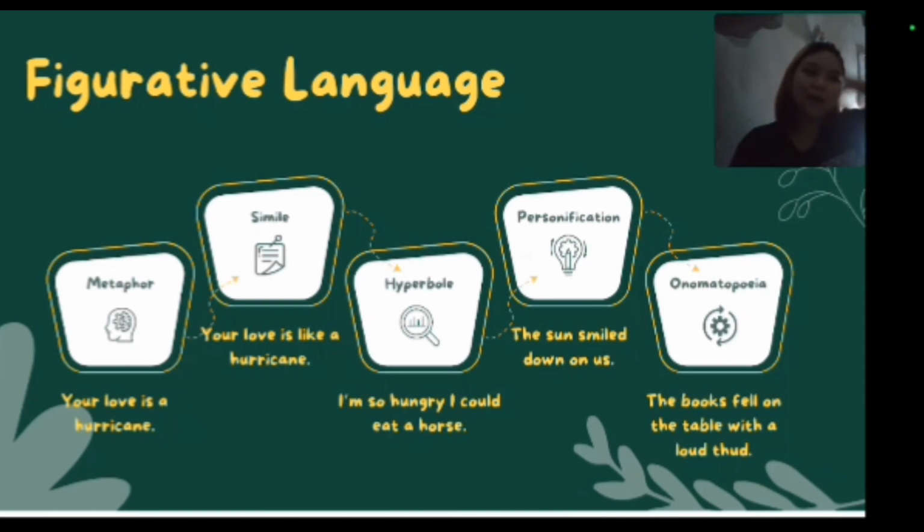So why are these figurative languages relevant in analyzing fiction? Of course, to make our analysis easy peasy.